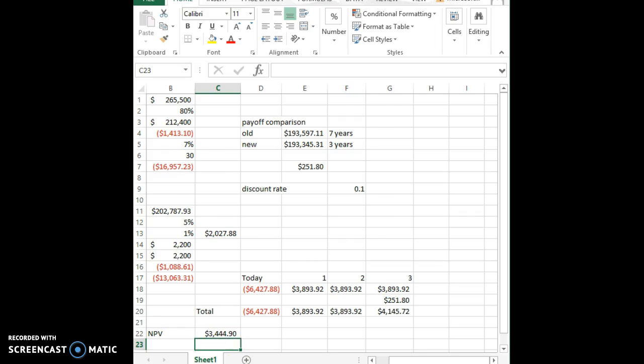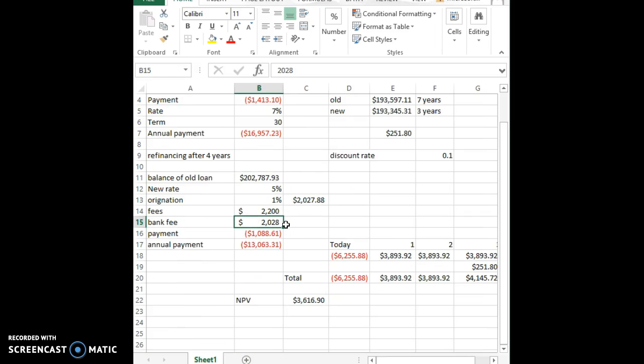Let me check that. It's a little bit off, so we're going to correct this. The bank fee is 10% of the origination fees, so this should be $2,027.88. And this is the number I'm looking for, $3,617.02 to be the NPV. So I can say yes, accept it because the NPV is positive, but paying $6,000 up front, I don't know.